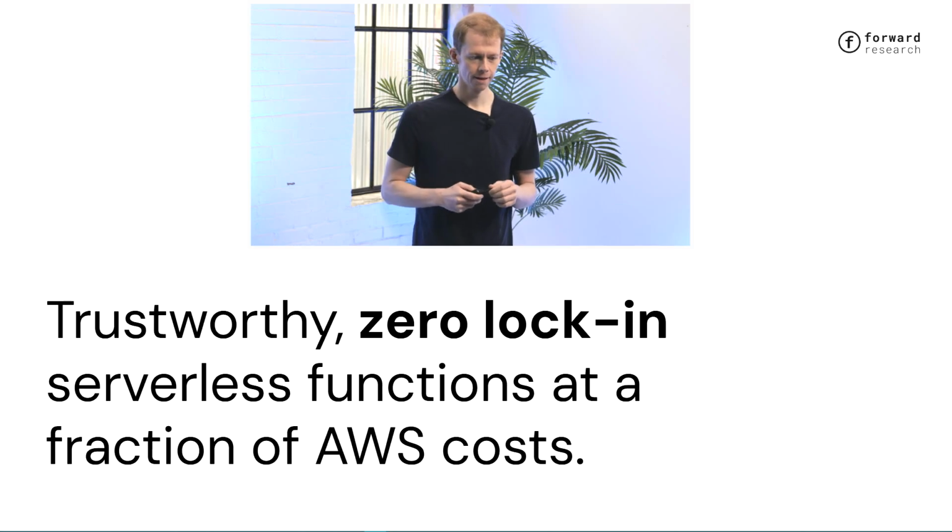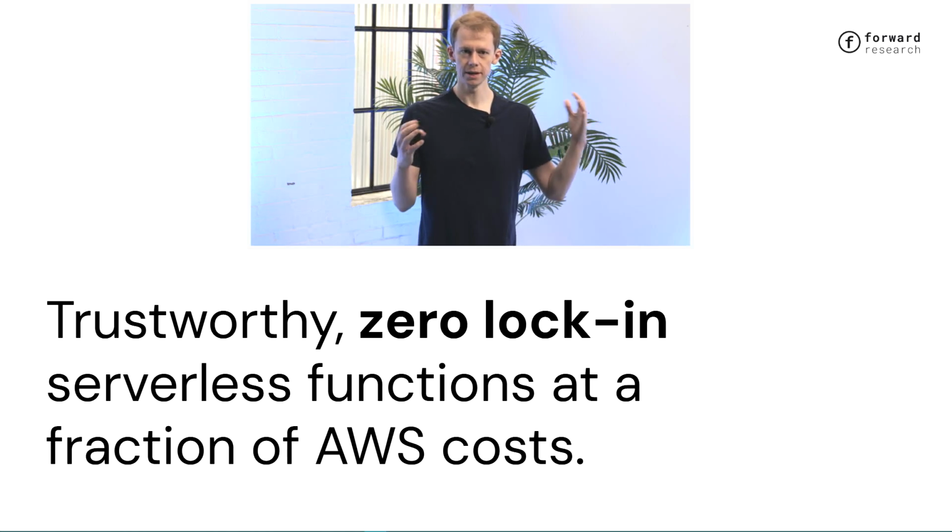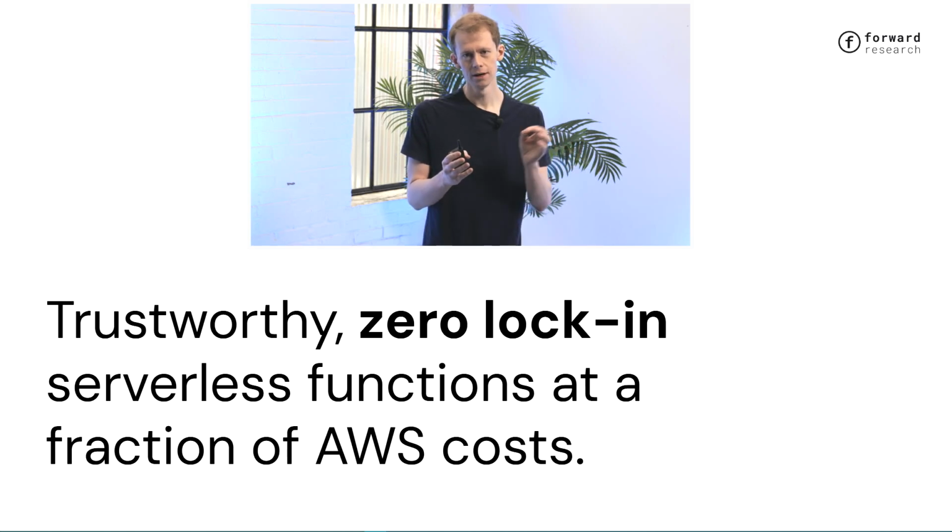So another thing you can do is trustworthy, zero lock-in serverless functions at a fraction of the cost of AWS. Because AO Core doesn't enforce any kind of consensus rules, you can end up offering a service which is essentially, you could call it, consensus-free while maintaining the verifiability of a blockchain.